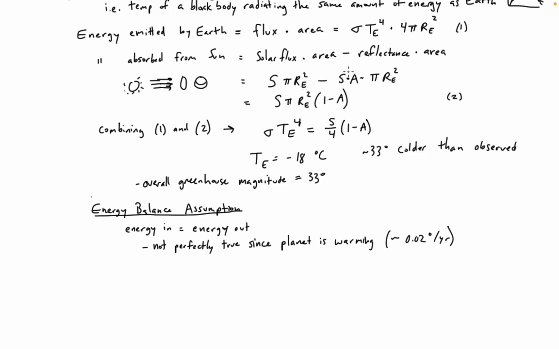The solar flux, the albedo, a constant from thermodynamics, those things don't affect this. So this calculation applies as much to the time before humans were influencing the climate to such a degree.